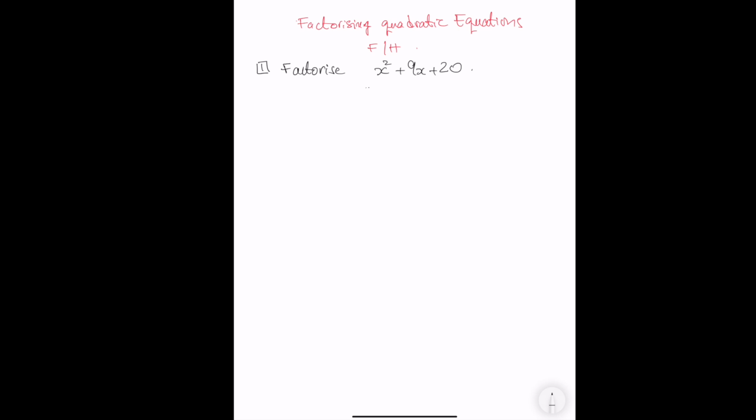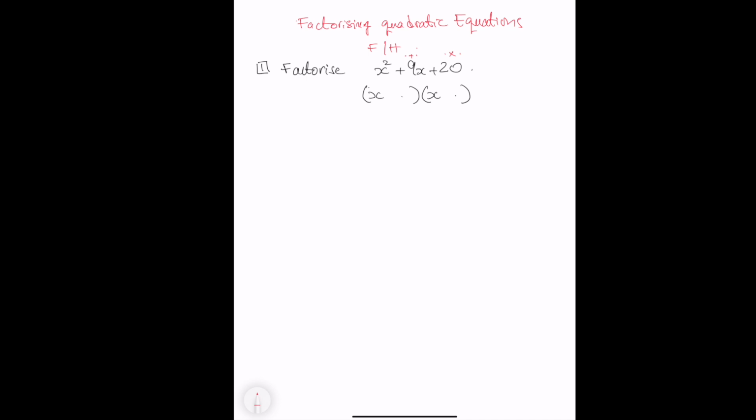So you have to put two brackets, put x on each bracket, and try to find two numbers that when you multiply them, you get 20, and when you add them, you get 9.